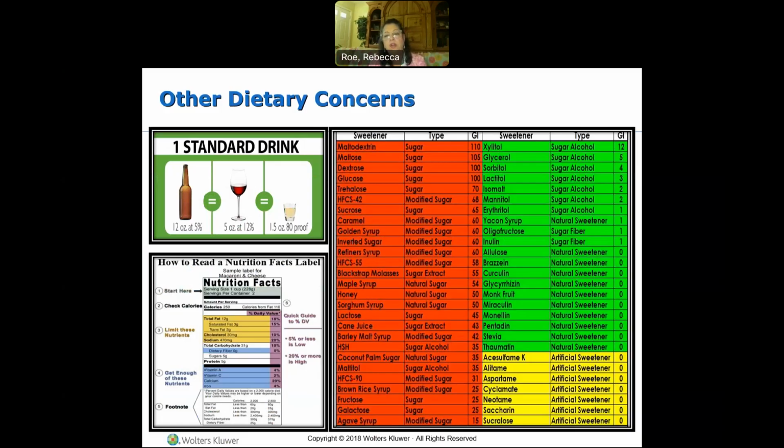So you have to be careful when you read labels and you think, well, it's all natural. Yeah, everything's natural. So is digitalis, and you're not going to be sucking digitalis down. Things that are natural don't necessarily mean that they're good for you. So in the diabetic world, half of this chart is really not beneficial.